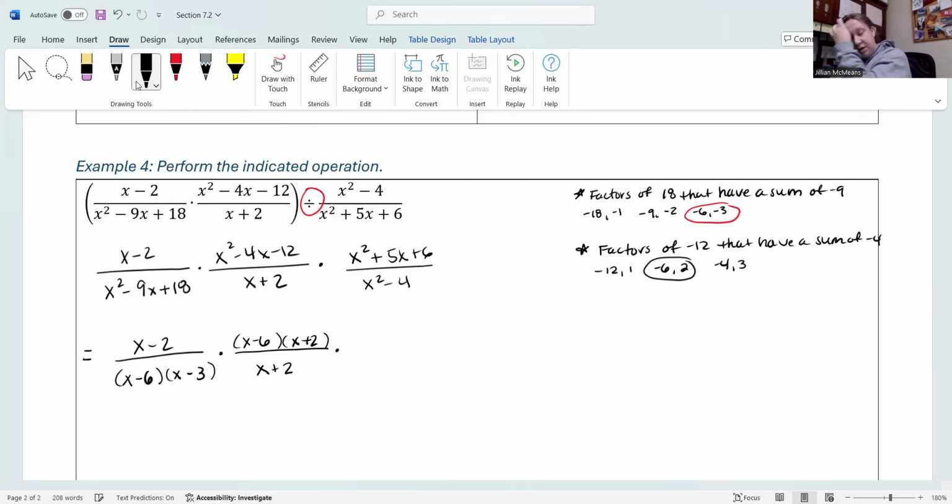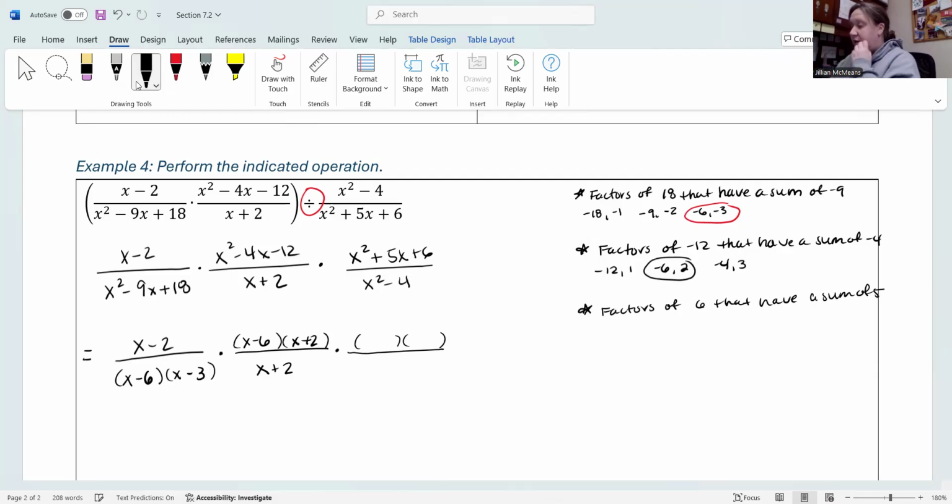Now, for my final expression, I have to factor the top and the bottom. So the numerator here is a quadratic trinomial. I can jump straight to the 2 binomials, again, because luckily the coefficient on the square term is 1. So for this one, I'm looking for factors of 6 that have a sum of 5.